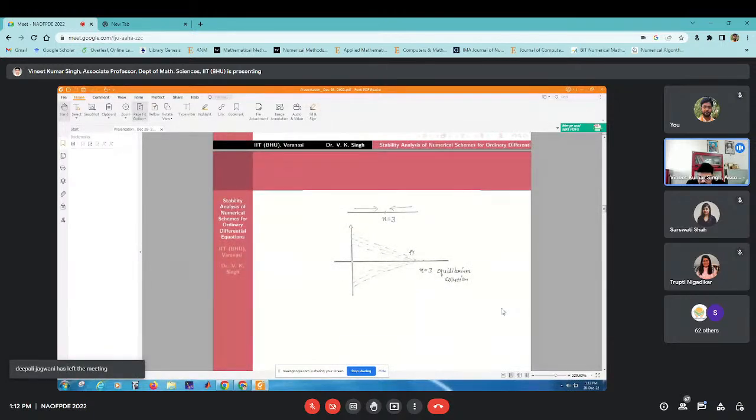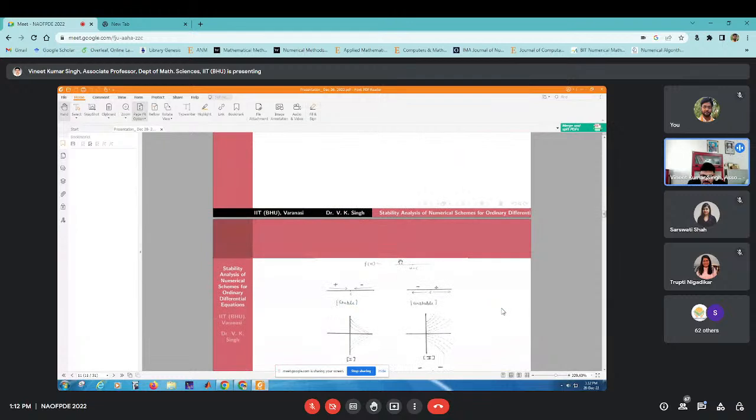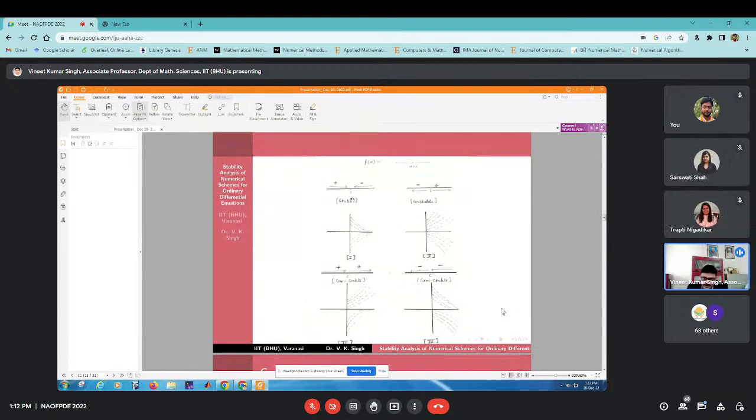So the solution will come near to the equilibrium point, which means we can say the solution is stable. So this C is known as a stable point. This is the equilibrium point. When the tangent line is negative, the behavior of the solution will be decreasing, tending to the point C.